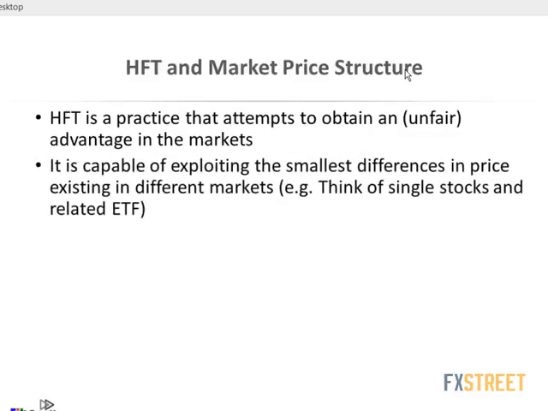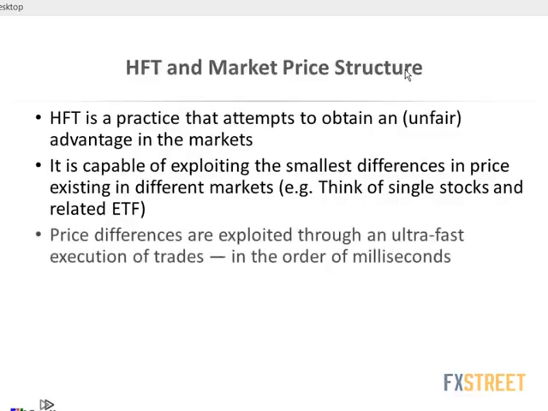This class of algorithms is capable of exploiting small differences in price between different markets. This could be two different stocks, or the ETF versus the single stocks that compose the ETF. It could be a futures index and the equity cash index, the S&P 500 cash, and so on. These price differences are exploited through very quick, ultra-fast execution of trades, sometimes on the order of milliseconds.